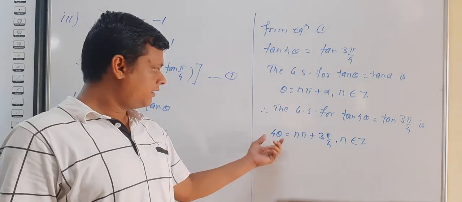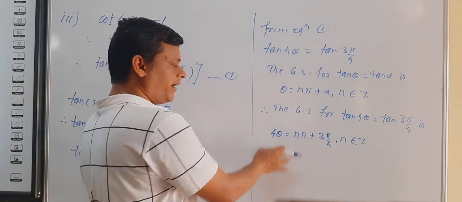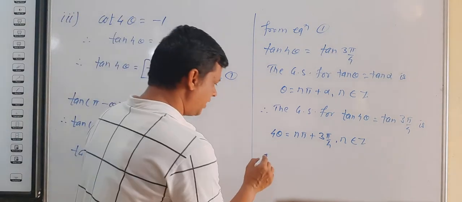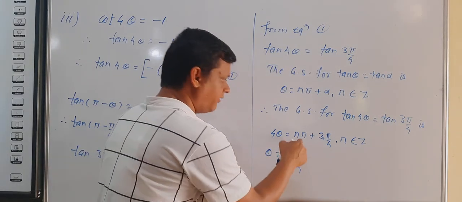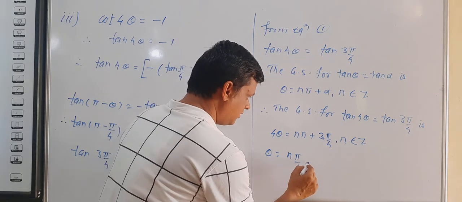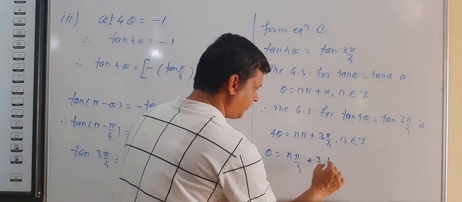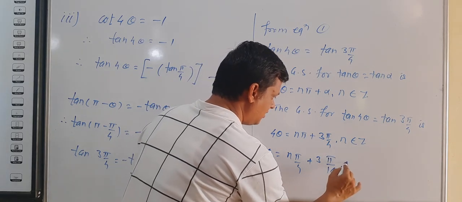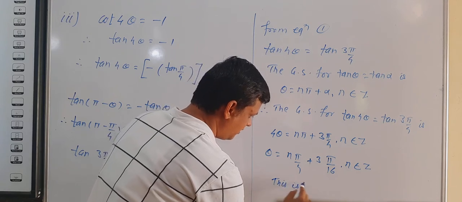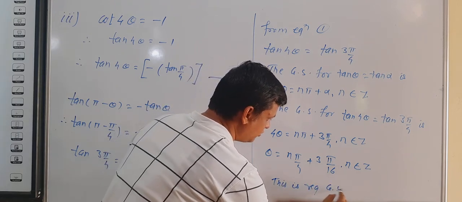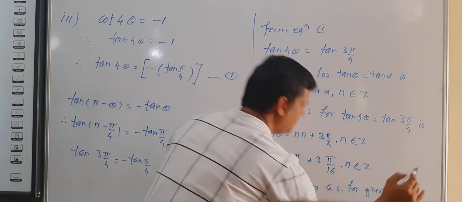Here the term is 4 theta, so we have to divide each term by 4. So we get on LHS theta equals n pi by 4, dividing the first term by 4, plus 3 pi divided by 4 in the second term, so we get 3 pi by 16, n belongs to Z. This is the required general solution for the given equation.